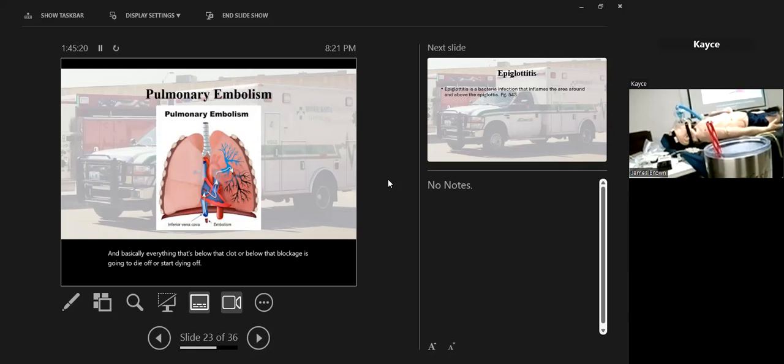Presentation: sharp pleuritic chest pain that worsens when breathing in and out, shortness of breath, anxiety, cough, sometimes bloody sputum, and tachycardia, tachypnea. One of the things similar between pulmonary embolism and pulmonary edema is the bloody sputum.